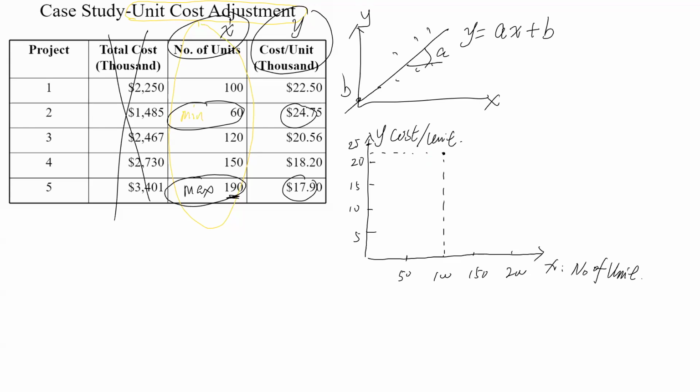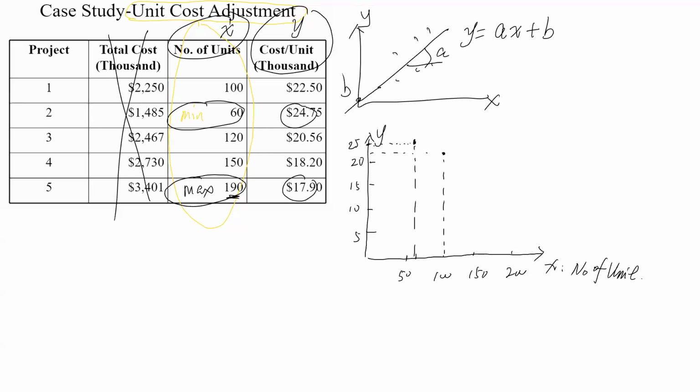So the second one is 16. 16 looks like here. And the 16 has 24, so it's nearly 25. The 25 is close here. Does that make sense? So now we're going to find the next one.